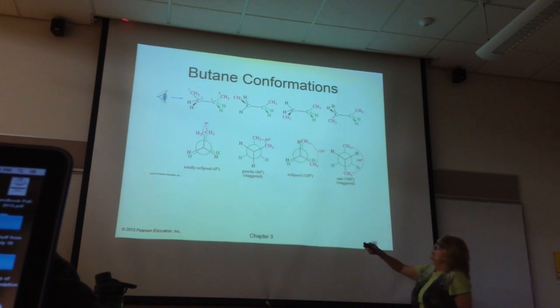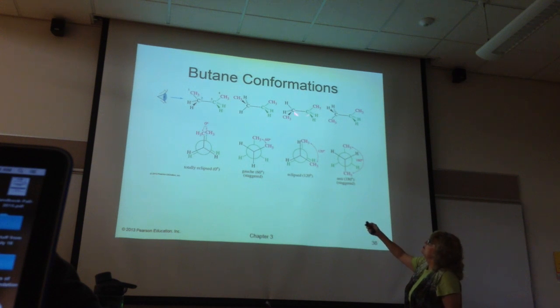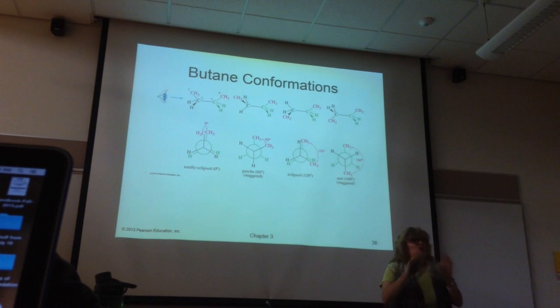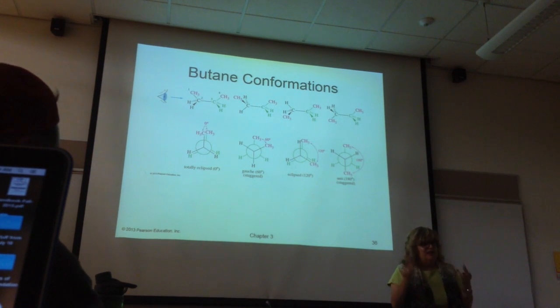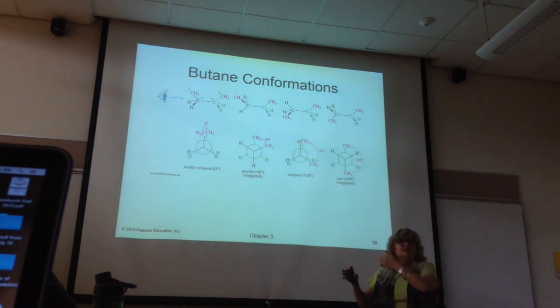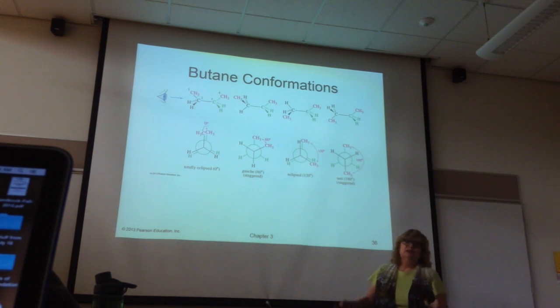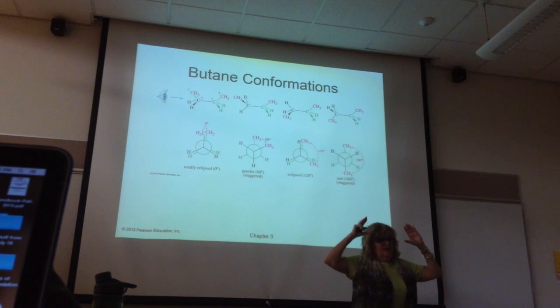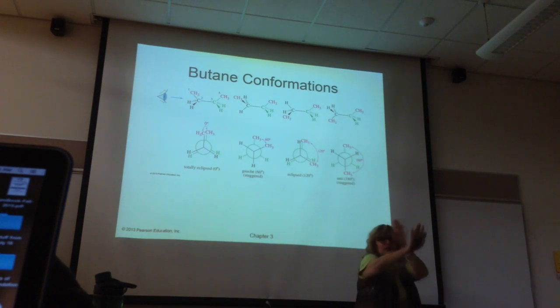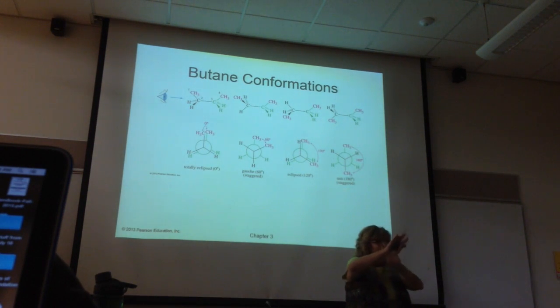But anyway, we are doing the rotations, right? We're doing the rotations like so. That's what I was trying to get when I say look at butane three different ways. Remember what I kept saying, look at butane? Actually, this is what I was hoping you would be seeing. But we were looking at the molecule like that. We were not looking at the molecule through carbons, right?